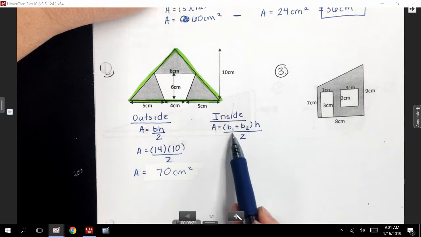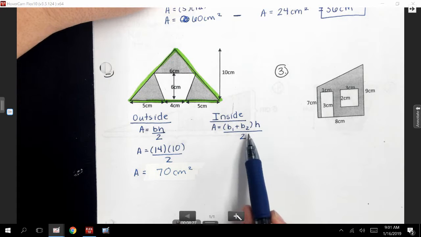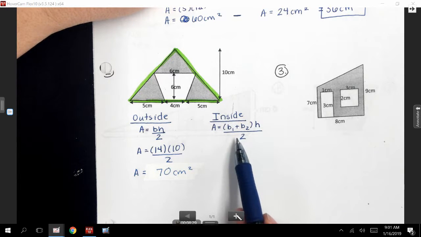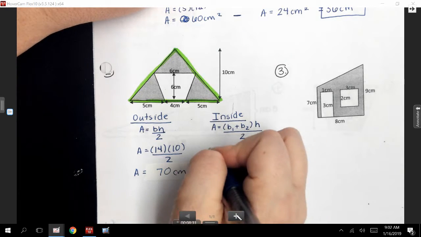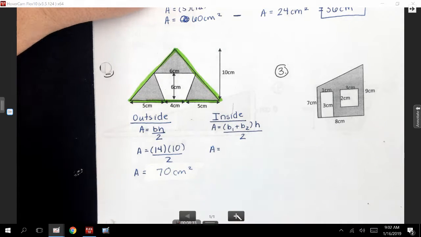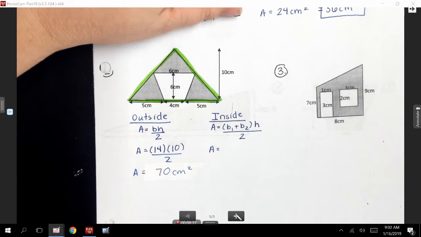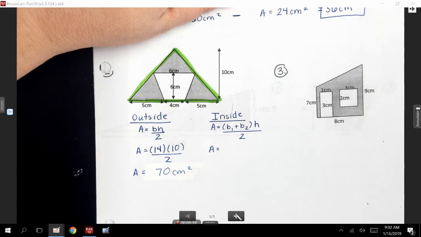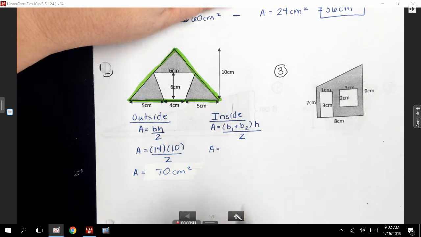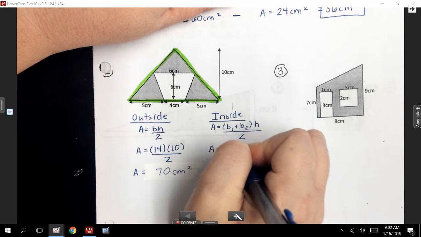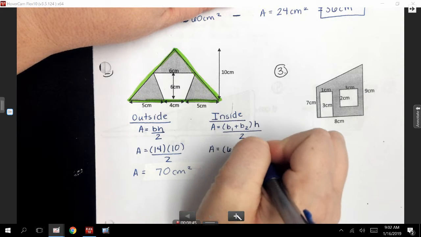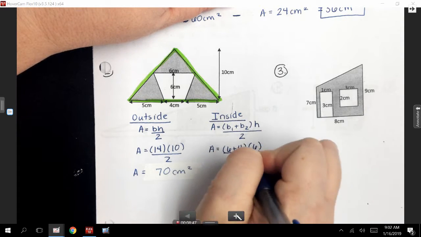So make sure, guys, when you're doing the B1 and B2 that that's a little 1 and 2 down at the bottom. It's not a regular 1 or a regular 2. All right? So I get A equals, all right, it is a trapezoid, so make sure it starts with T, divide by 2. All right, what are my bases going to be on that trapezoid? Jacob? 6 and 4. 6 plus 4, and what's my height? 6. 6, and then we need to divide by 2.